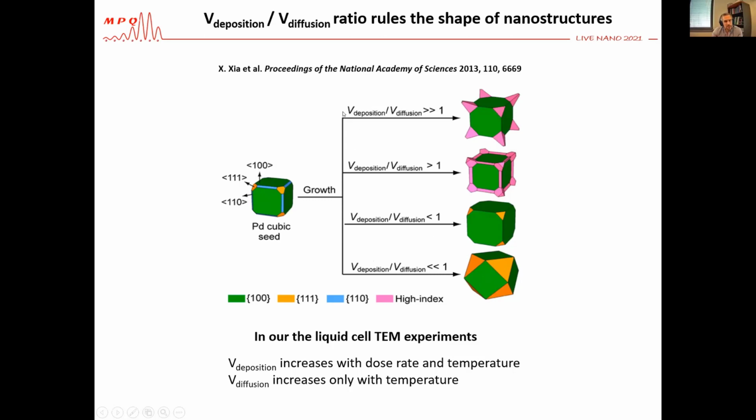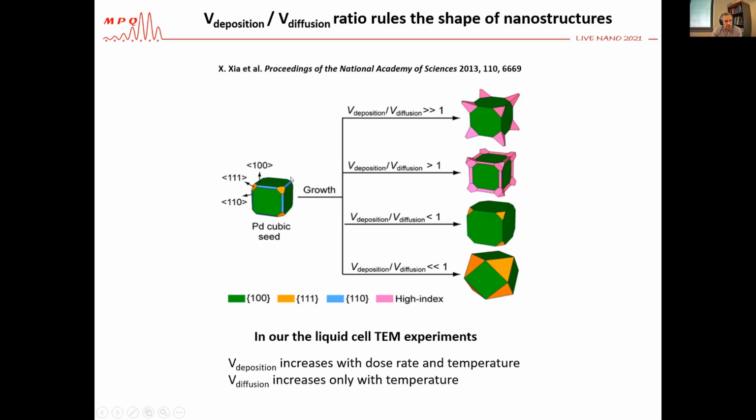On the opposite, if the deposition rate is much higher than the diffusion rate on the surface of nanoparticles, then you start having branched nanoparticles with a lot of high index facets. And in the middle, you have an intermediate regime where the deposition rate and the diffusion rate are roughly the same, you stabilize cubic nanoparticles when you start from cubic nanoseeds.